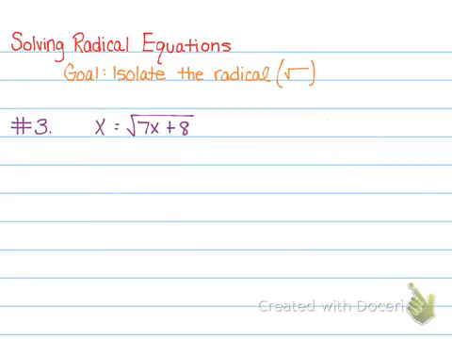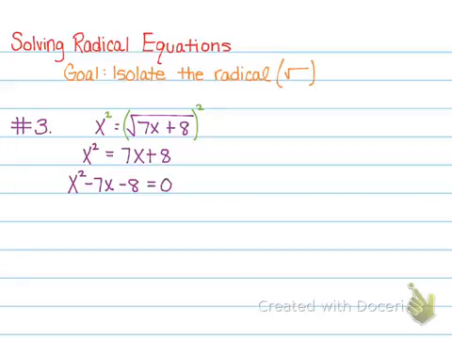Okay, in problem 3, again, our radical is isolated. So we're going to start just by squaring both sides. And when I do that, I get x squared is equal to 7x plus 8. Again, this is a quadratic, so to solve it, we're going to set it equal to 0 and bring everything to the left-hand side so that a stays positive. So we get x squared minus 7x minus 8.